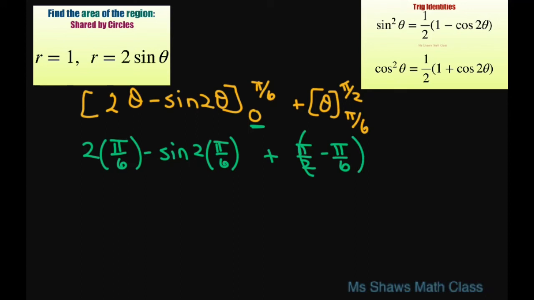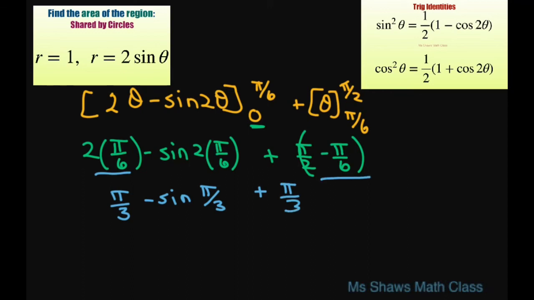So for this piece, we get pi divided by 3 minus sine of pi divided by 3, plus pi divided by 3 for this piece here.